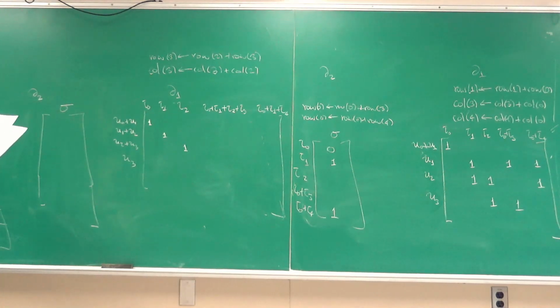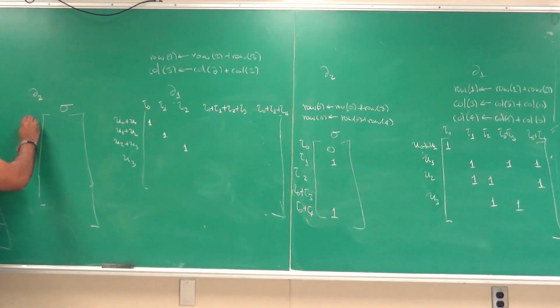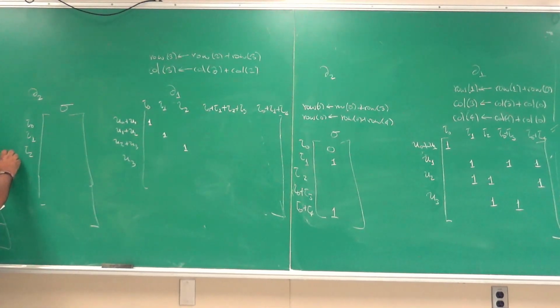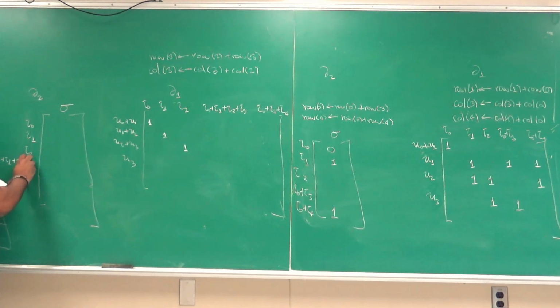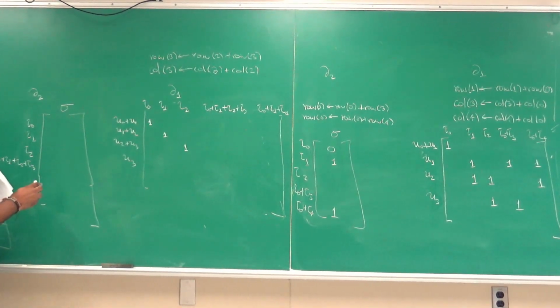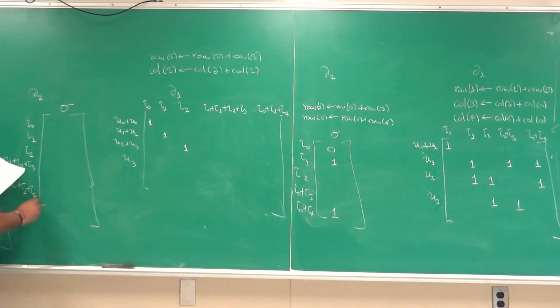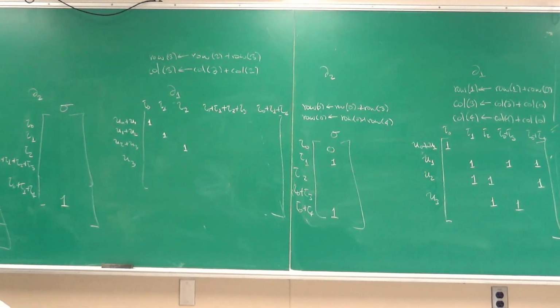Okay? And then here, for the other one, you're just going to have tau 0, tau 1, tau 2, in the same columns. So tau 0 plus tau 1 plus tau 2 plus tau 3, and then tau 0 plus tau 1 plus tau 4, and then the last entry is like that.